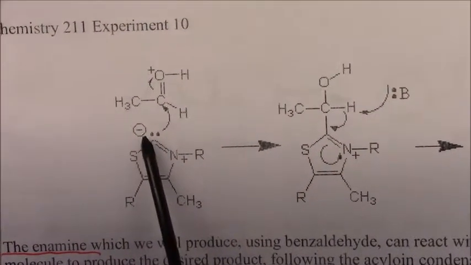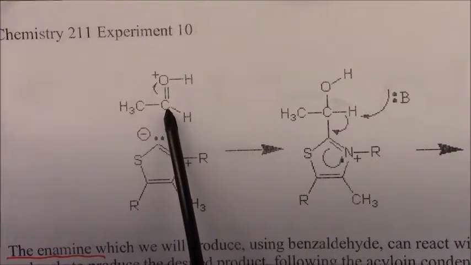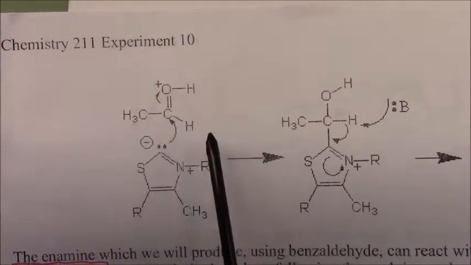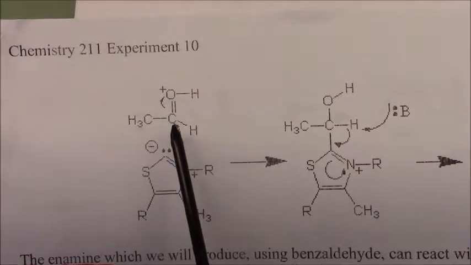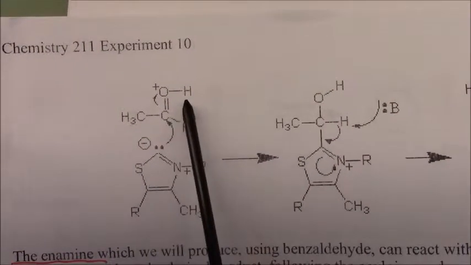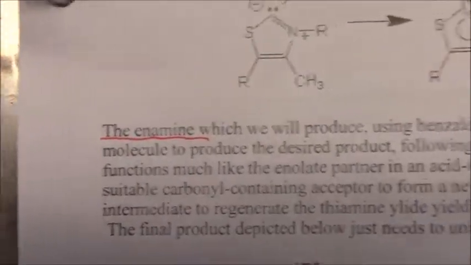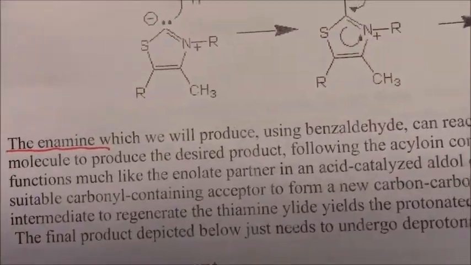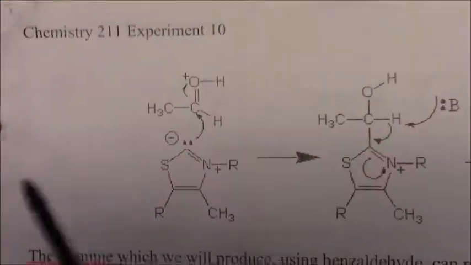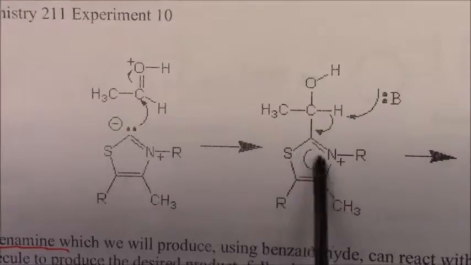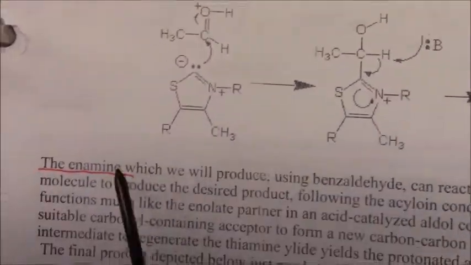It's a base, and it goes to attack what looks like the aldehydic carbon. The H, I'm not sure where they're claiming that comes from, but they're saying the ylide attacks it, forming what's called an intermediate enamine, as you remember from last semester what that means.